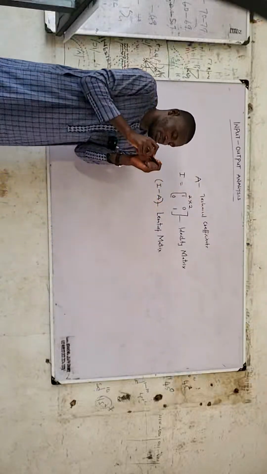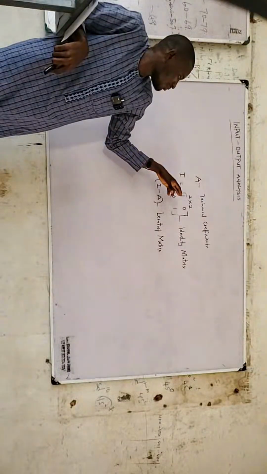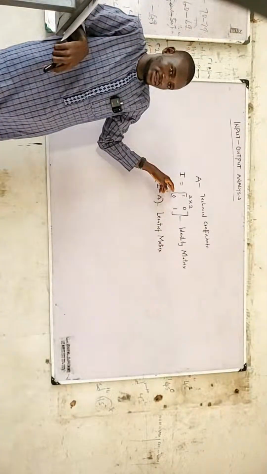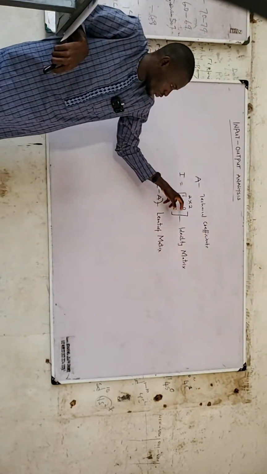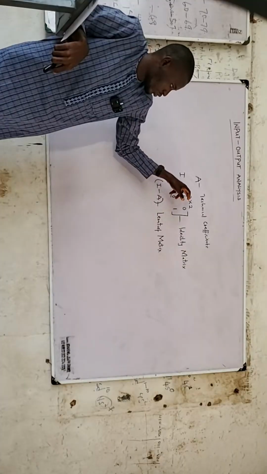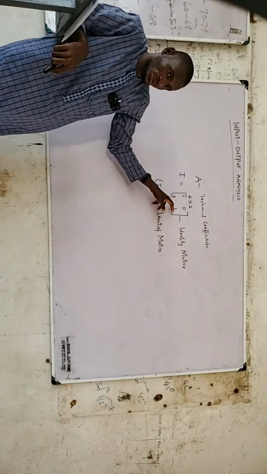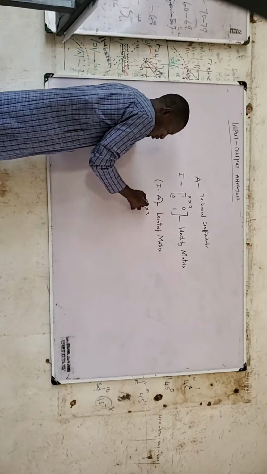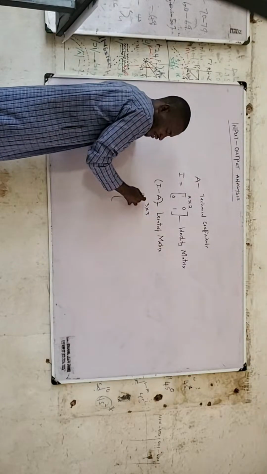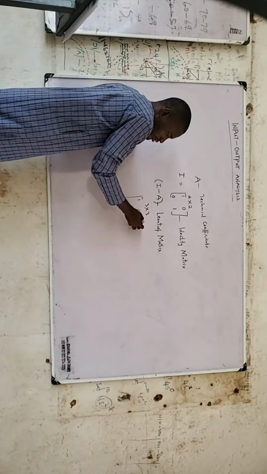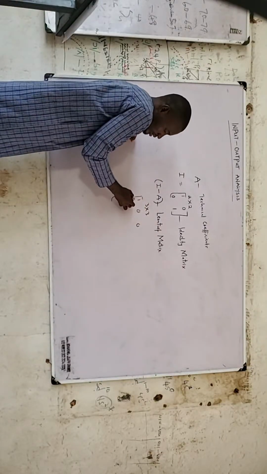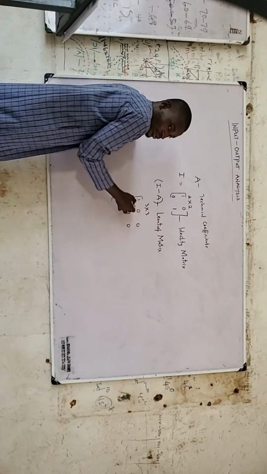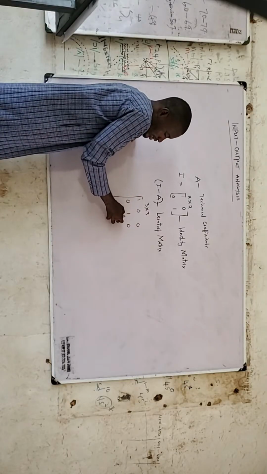So when you have a problem where your identity matrix will be a 3 by 3 matrix, instead of having row 1, row 2, column 1, column 2, for a 3 by 3 matrix we have the first row 1 0 0, 0 1 0, 0 0 1.